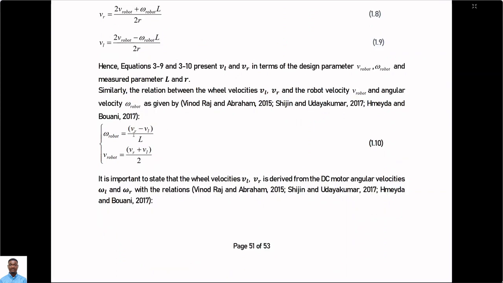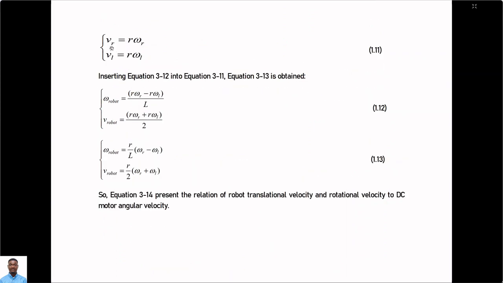However, for each of the wheels on a mobile robot, either VR or VL is the radius of that wheel multiplied by the omega of that very wheel. Now this omega is your 2 pi n over 60, same for your right or your left.